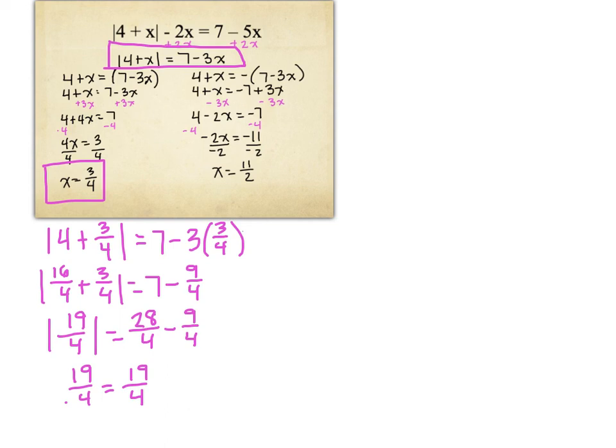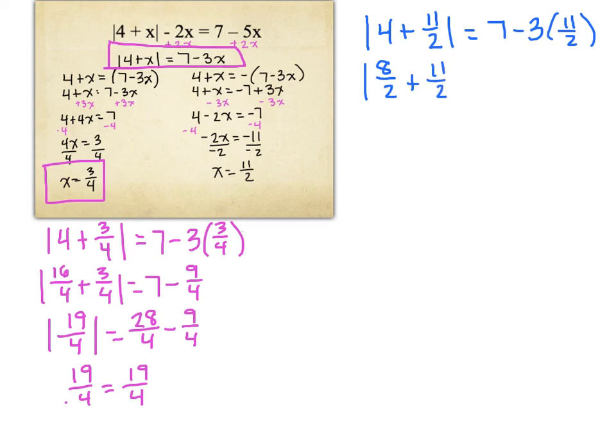Now let's try the other one. And get the absolute value of 4 plus 11 halves equals 7 minus 3 times 11 halves. Common denominator, 8 halves plus 11 halves equals, and I'm just going to make them all halves to make it easy, 14 halves minus 33 halves.